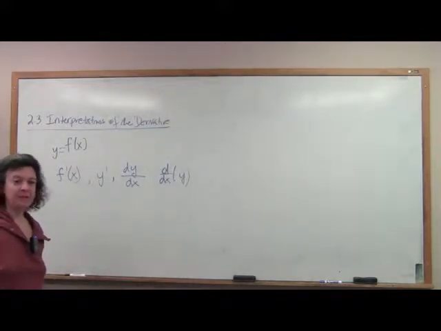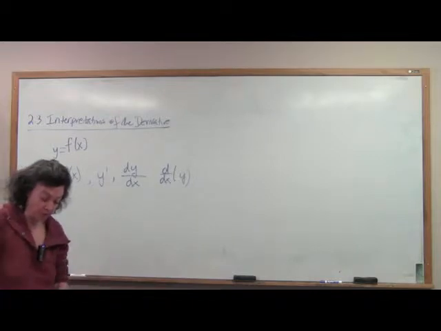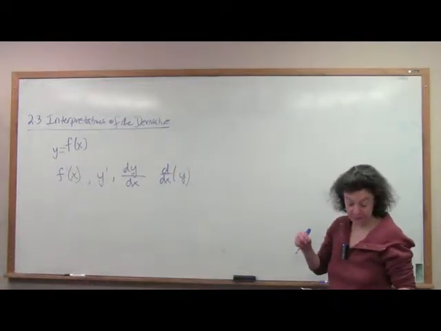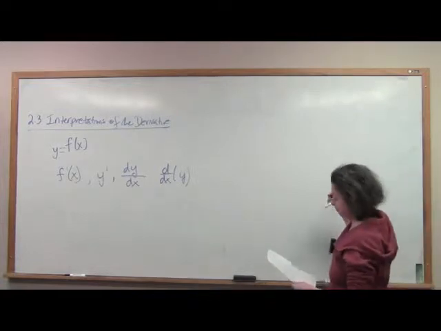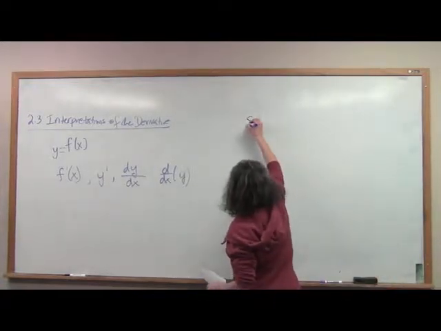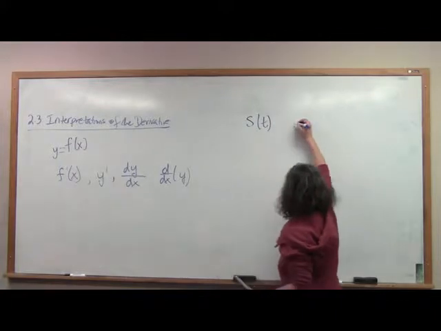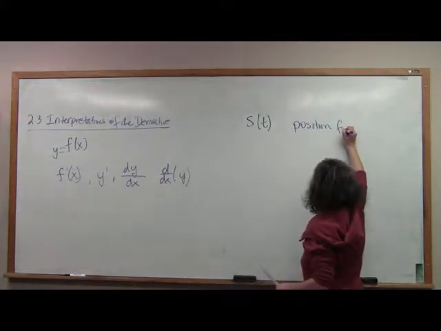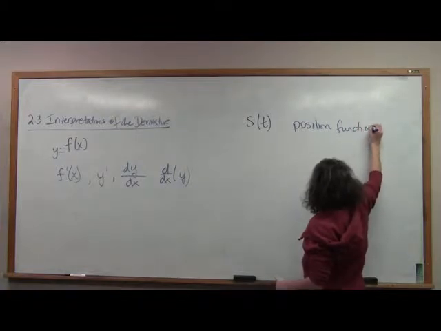Okay? So what we want to do in this section is talk about the interpretations of the derivative. In other words, what do they mean in the quote-unquote real world? Well, I think the most common example to begin with is as follows. Suppose I have s of t, and I'm going to call that my position function. Okay?